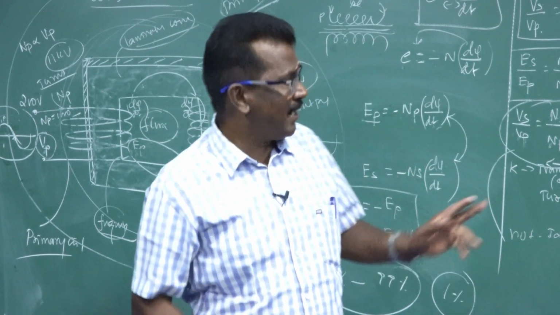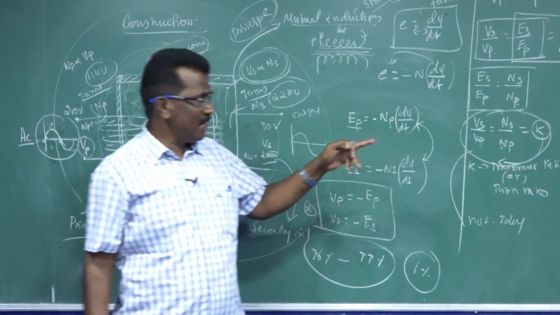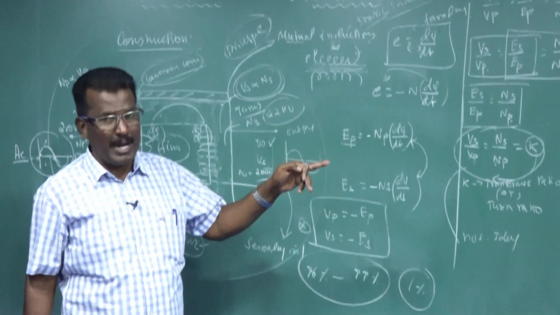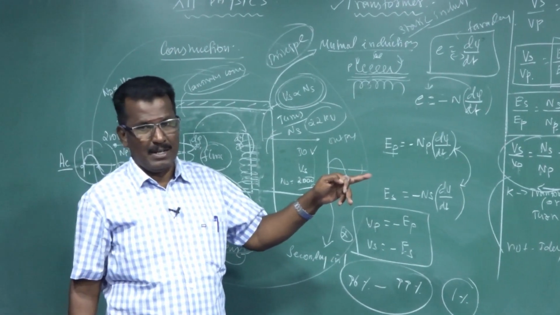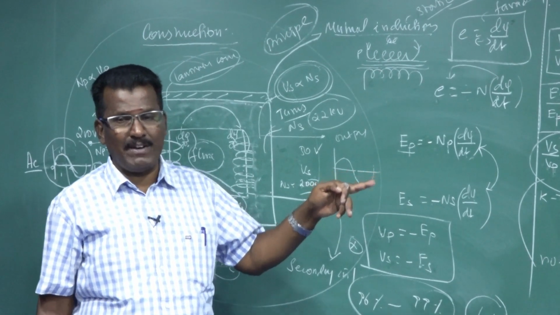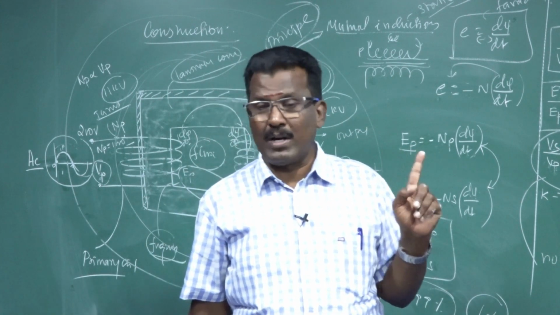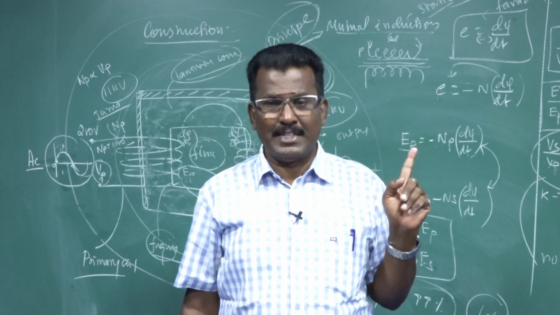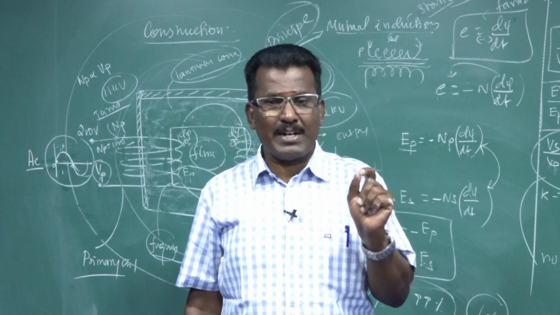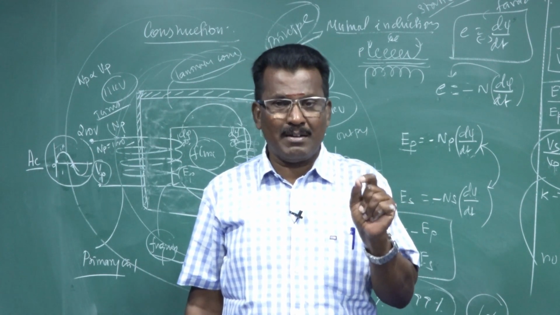In the case of an ideal transformer, Vp by Vs equals Ns by Np equals Ip by Is, and K is equal to 1. For a step-up transformer, K is greater than 1. For a step-down transformer, K is lesser than 1. Why the efficiency of the transformer is lesser than 1, we will talk about in later classes.